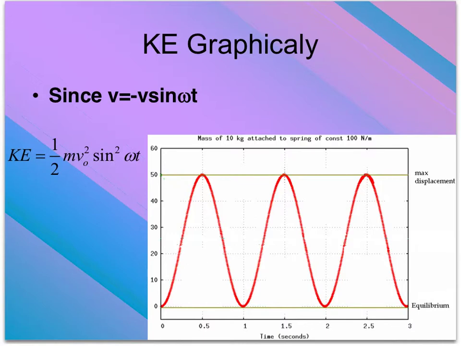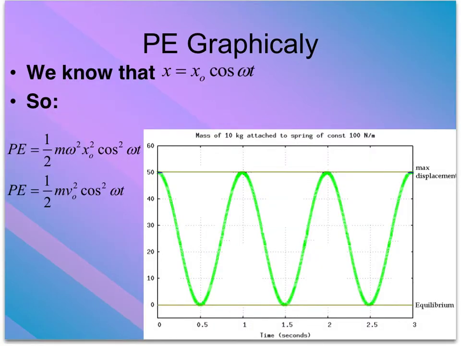At equilibrium, the potential energy is going to be 0, and the kinetic energy is going to be at its maximum. So we can see that we're oscillating back and forth between maximum and minimum amounts of kinetic energy. Potential energy.